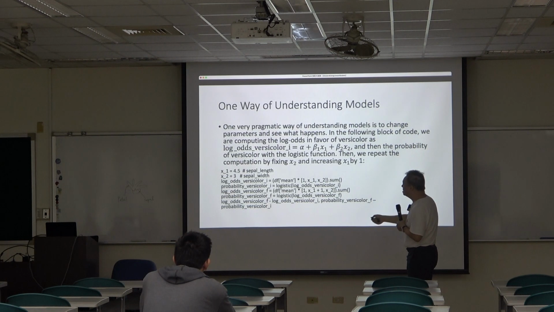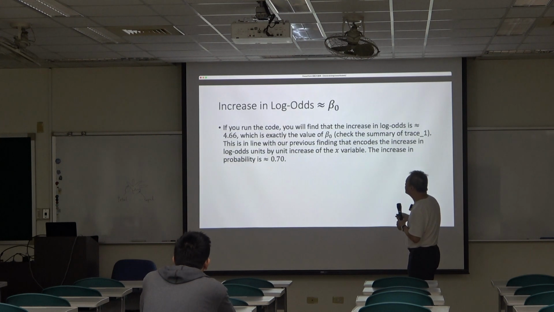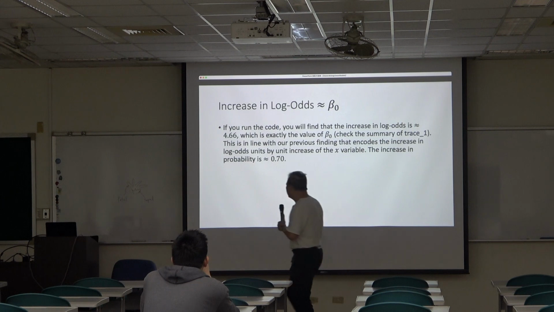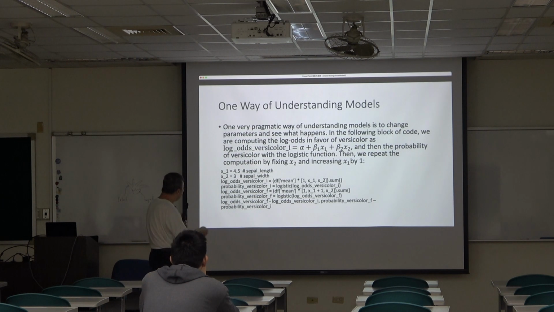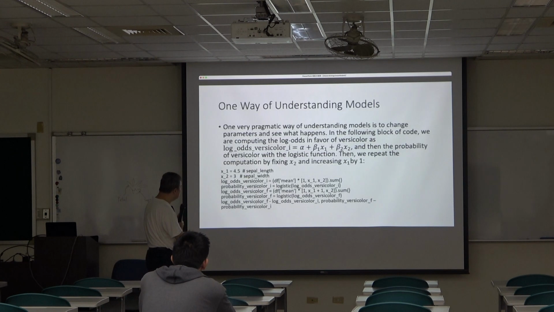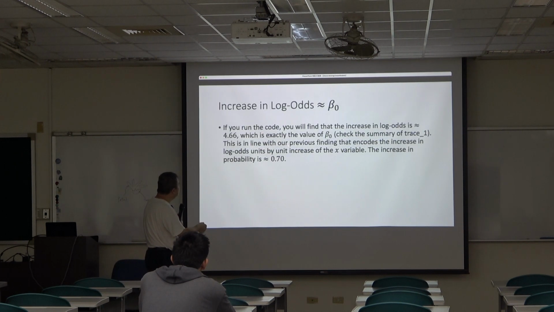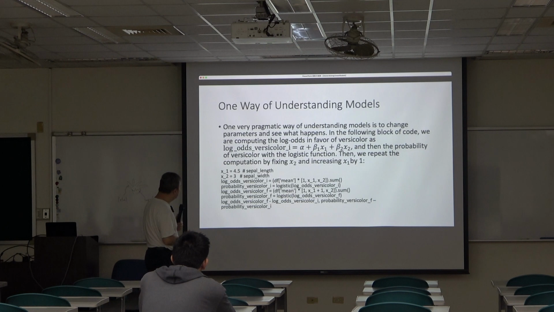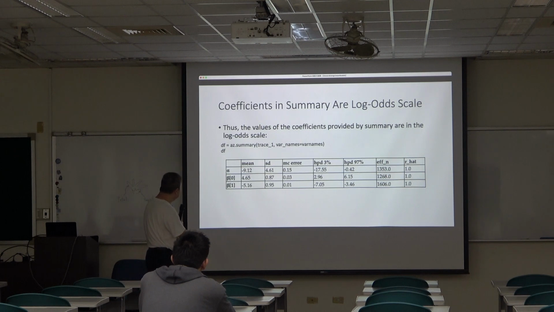We repeat the computation by fixing x2 and increasing x1 by 1. If you use this piece of code, what you are going to get is that the increase in log odds is about 4.66, which is close to the value of beta 0. The beta 0 is 4.65.